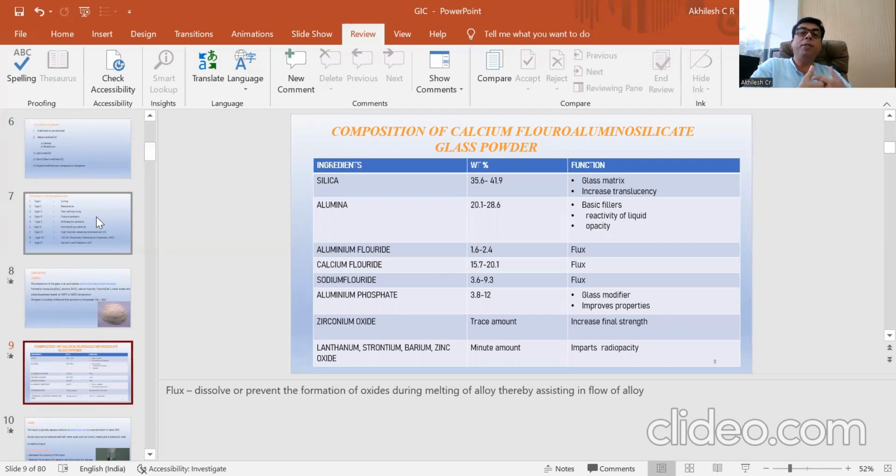Aluminum fluoride, calcium fluoride, and sodium fluoride act as flux. Aluminum phosphate acts as a glass modifier and improves the properties. Zirconium oxide increases the final strength, and lanthanum, strontium, barium, and zinc oxide impart radiopacity.